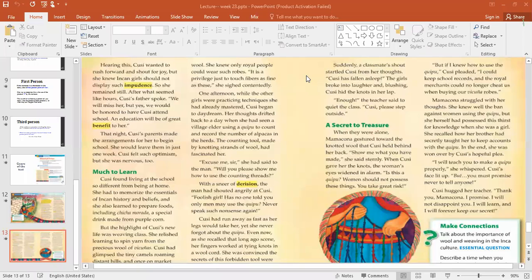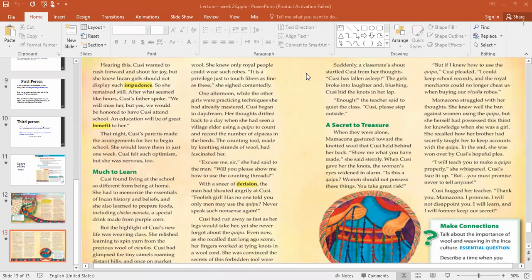She relished learning to spin yarns from the precious wool of vicuñas.